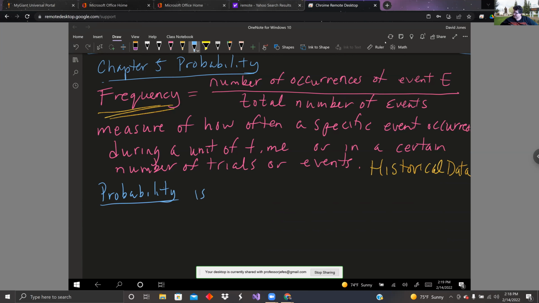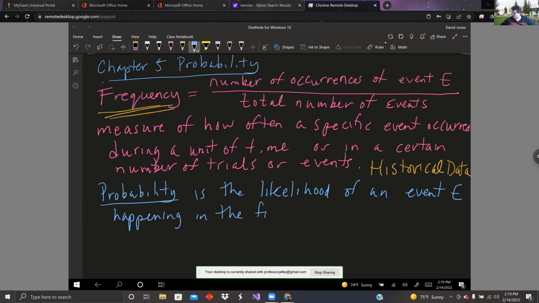Probability is the likelihood of an event E happening in the future. The outcome is unknown, as it hasn't happened yet.